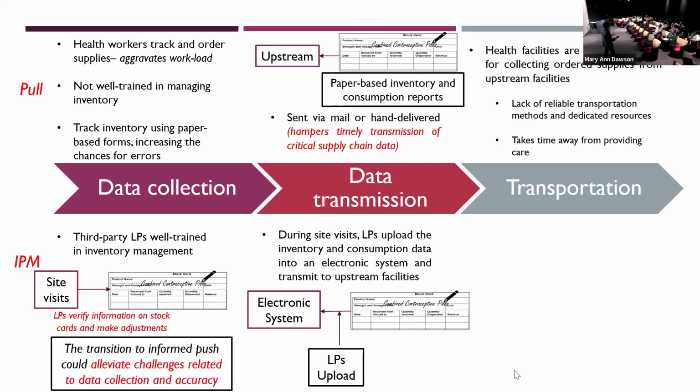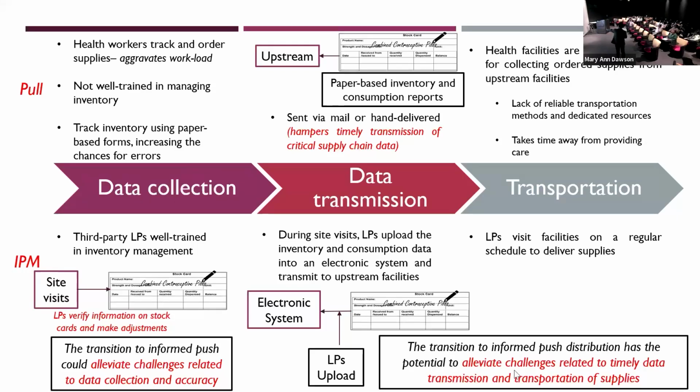So all of these can create replenishment challenges. Under the informed push model, none of those problems exist. The logistics providers show up at the facilities and deliver supplies on a regular basis. So essentially, the transition to the informed push distribution has the potential to alleviate challenges related to timely data transmission and also transportation of supplies from upstream facilities.